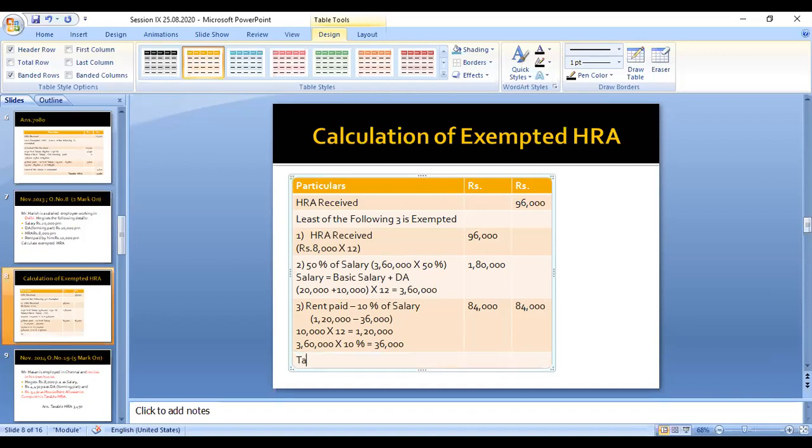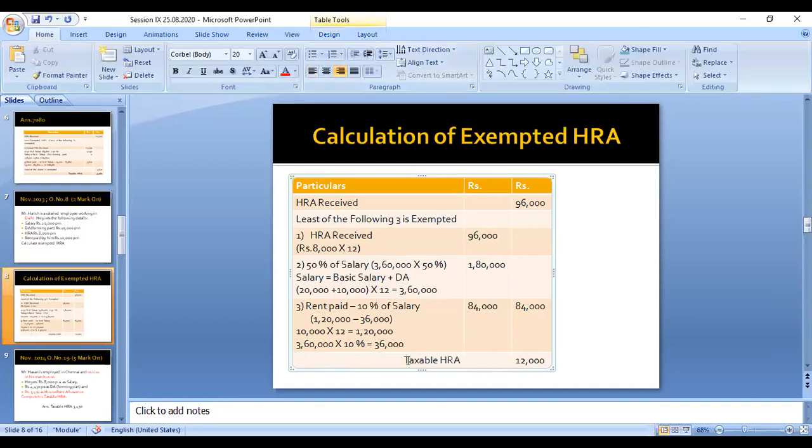Then taxable HRA will come to 96,000 minus 84,000, that is 12,000 taxable HRA.